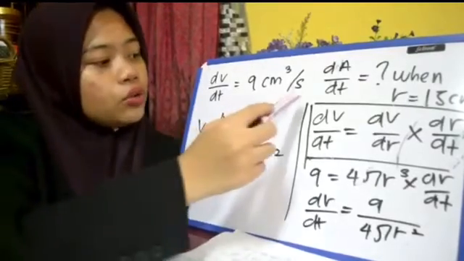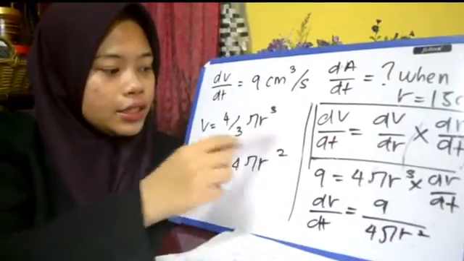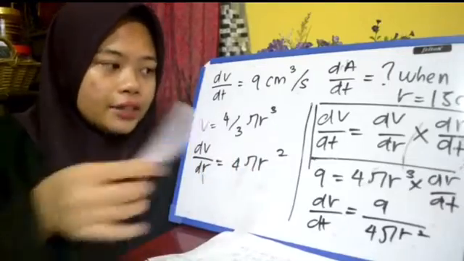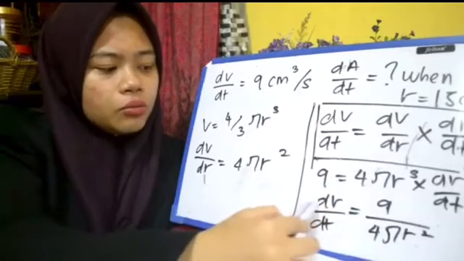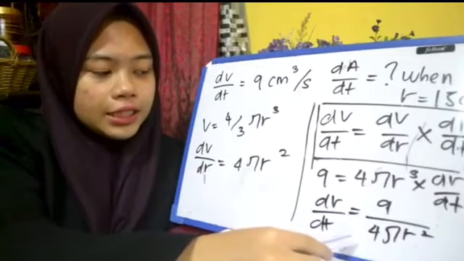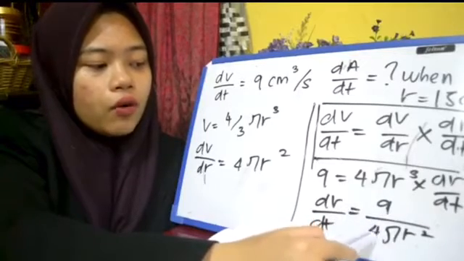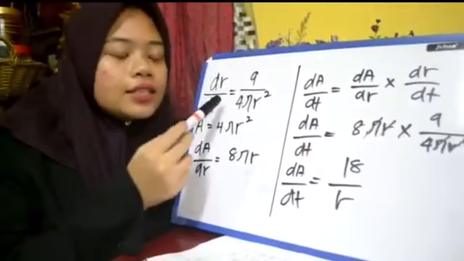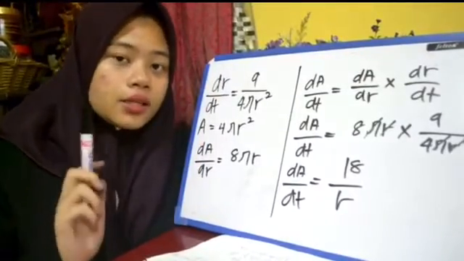And then we put this formula into the information that we have. Putting in this formula, we get dr over dt equal to 9 over 4 pi r squared.